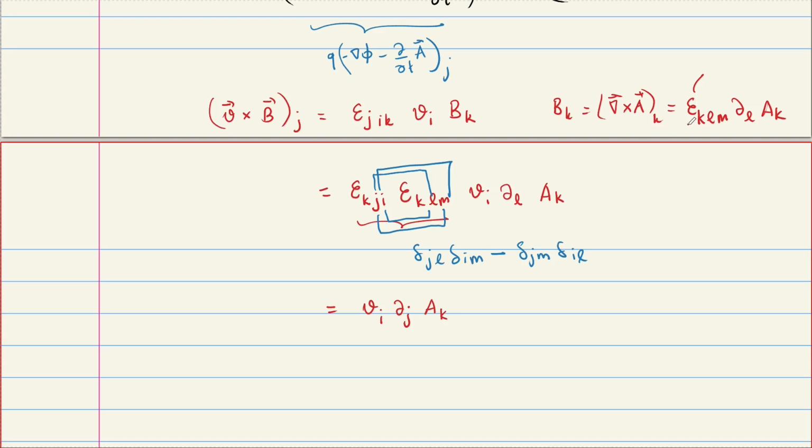So this one? I'm not sure, but, sorry. This is k, and this is klm, and I put them together, so this is ilk. So if I take vi, l is j, and k is k.